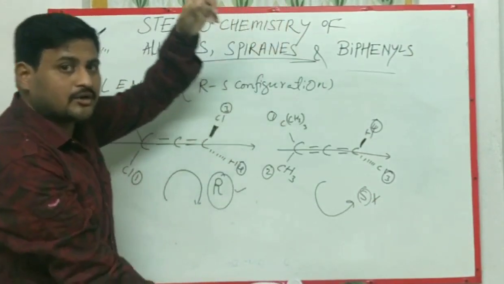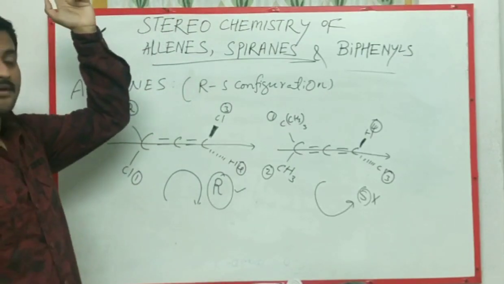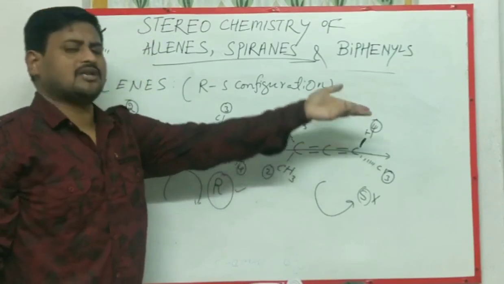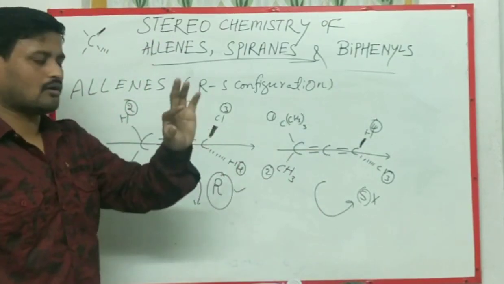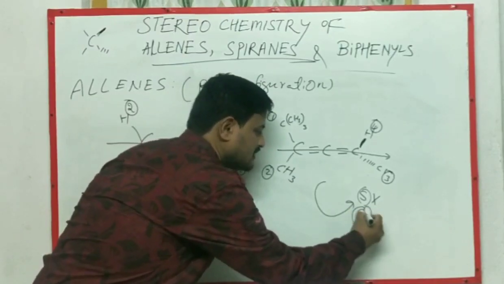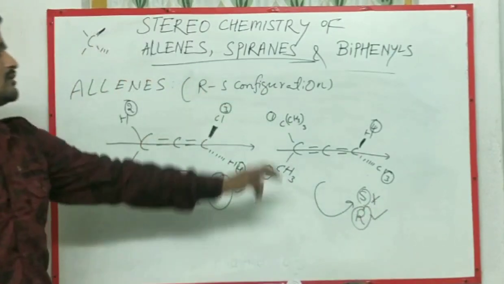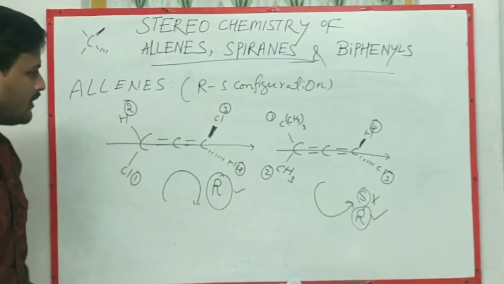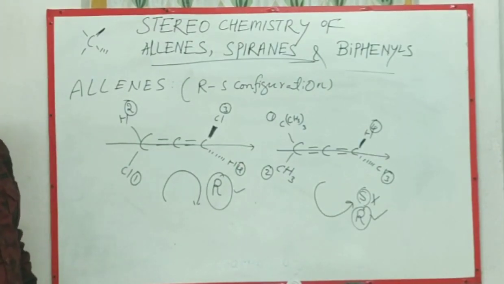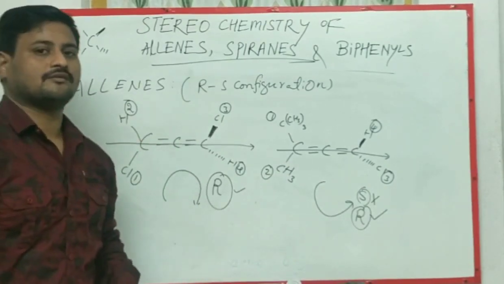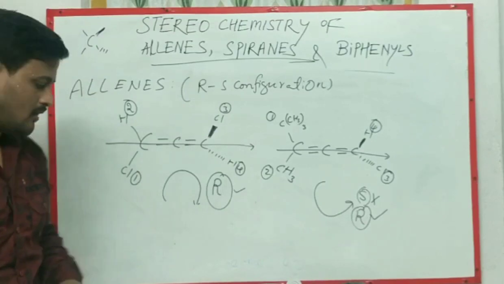I already told you in the RS configuration rules, CIP rules: when the fourth priority is above the plane, the configuration is reversed. The reverse configuration is R. This one is the correct configuration of this example. Do you understand? Okay. Clear? Optical activity of allenes, RS configuration of allenes. Are you clear? Okay.